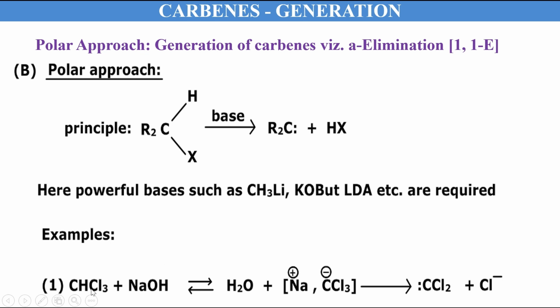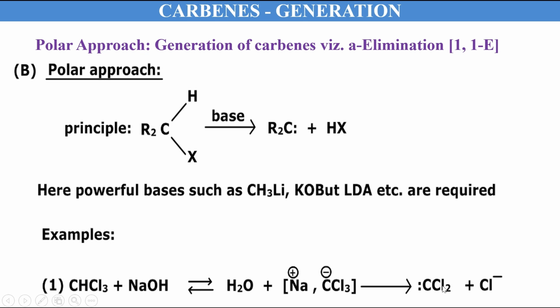If it abstracts the proton from this, the carbon-hydrogen bond breaks and the electrons move onto carbon. It gives rise to CCl3 sodium salt, and CCl3 minus. A carbanion is generated.